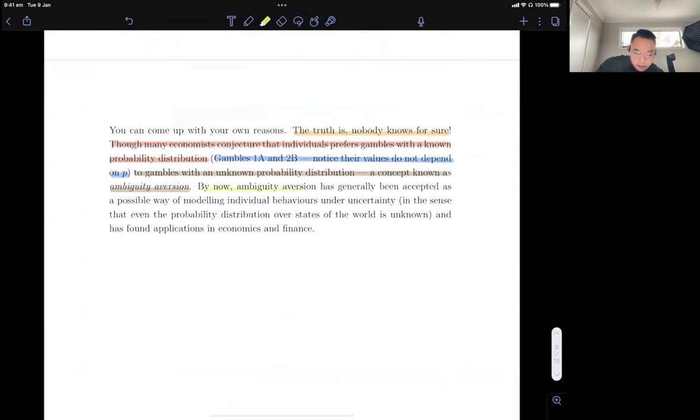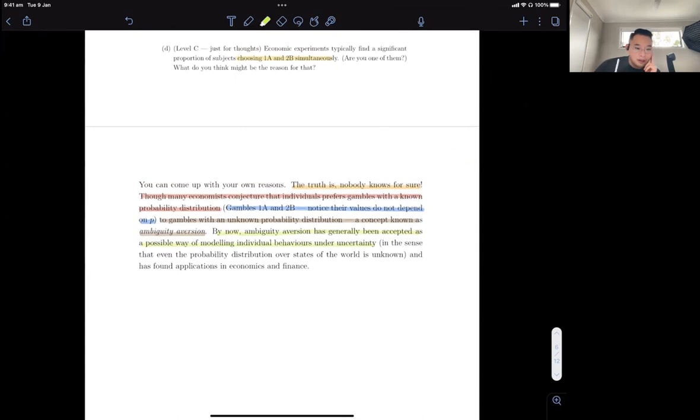By now, ambiguity aversion has generally been accepted as a possible way of modeling individual behavior under uncertainty, in the sense that the probability distribution over states of the world is unknown, and it has found application in economics and finance. So basically, this is very behavioral economics stuff, something called ambiguity aversion.